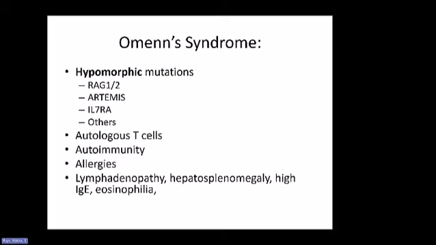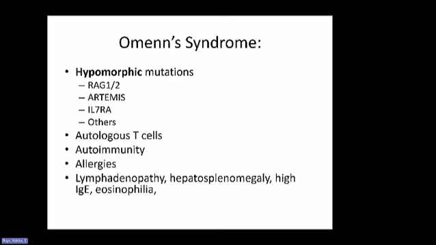What does that mean? T cells should be polyclonal, which means there should be a variety of VDJ recombined TCRs available on these T cells. Instead, because of one of these variants in one of these molecules, the T cells are autologous to the baby, but oligoclonal.